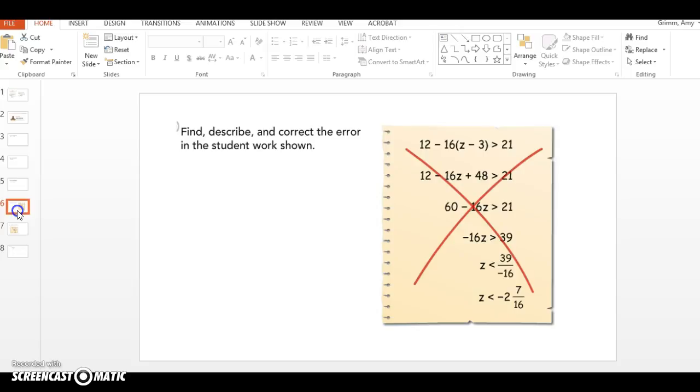Sophia. 39 should be negative. Good. If you go to right here and you subtract 60 and subtract 60, then right here this should be a negative 39. So there's your mistake. Sometimes what I do is I will just start working, like if I was on a test, I might just come over here and work it myself without looking at it, and then that usually helps me find the mistake. For some reason, sometimes when I look at your work too carefully, I can't find it until I do it myself. All right, next one.